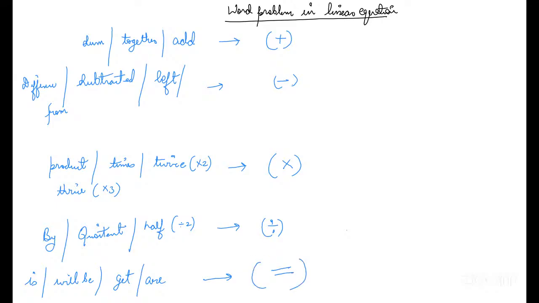It means equals to. Understood? These are some keywords that you should know, and then we will find out how to solve it. Could you write it down? Done, sir. Good. So these keywords are very important.